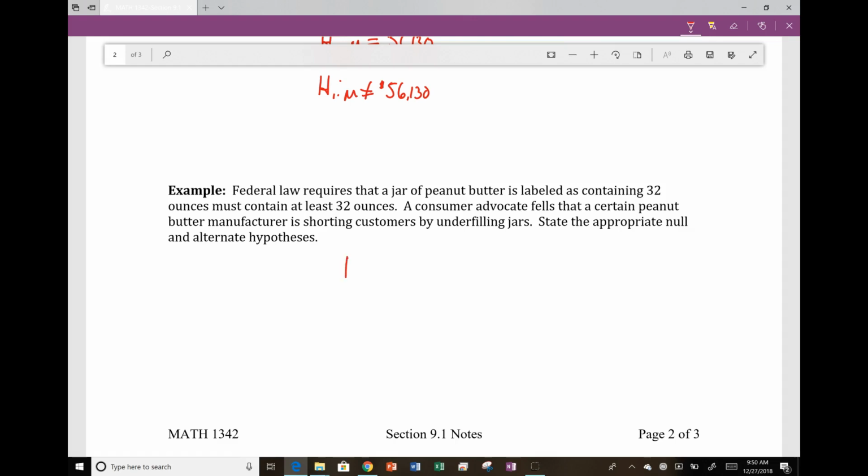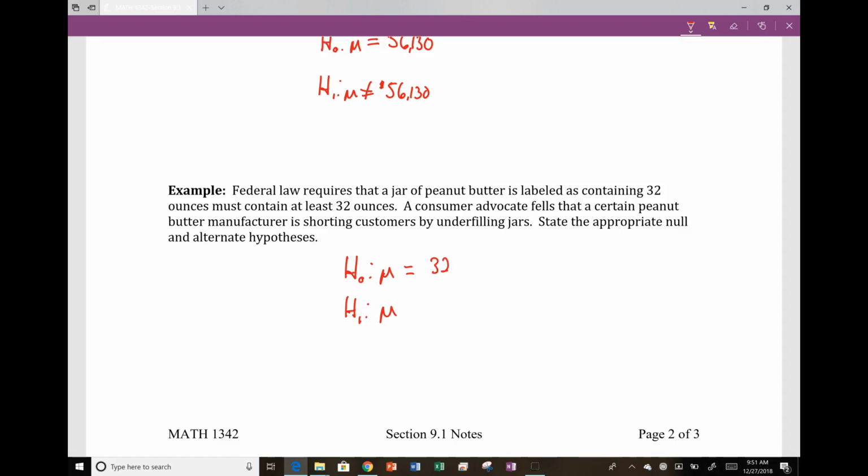Okay, so we're looking at the null hypothesis, that mu is equal to. We're looking at the alternative hypothesis, mu. How much is supposed to be in the jar of peanut butter? 32 ounces. Okay, so 32 ounces. So we're going to have that on both the null and the alternative hypotheses.